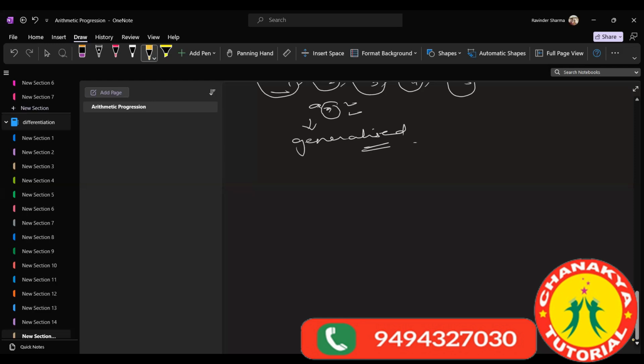Now suppose you are given the series 5, 9, 13, and you have to find the 105th term.